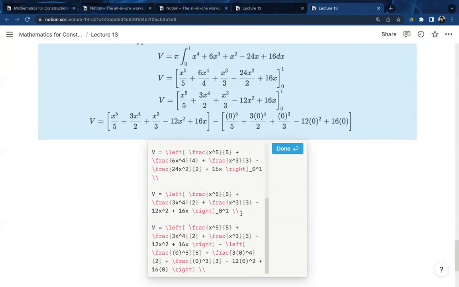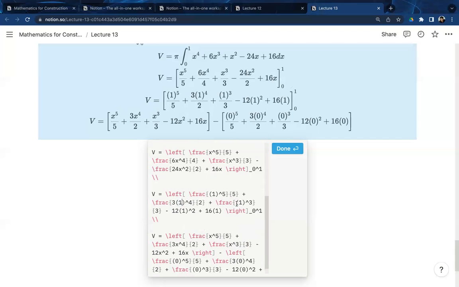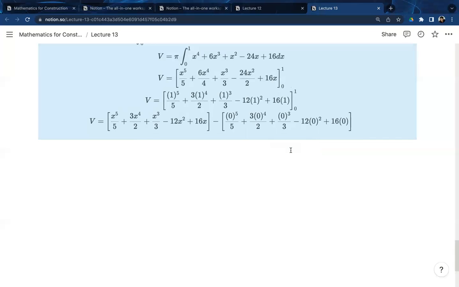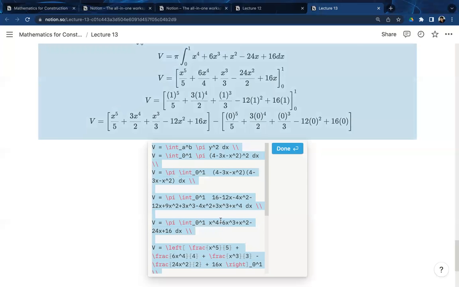Everything there is 0, basically, and everything here is 1. It's really just arithmetic at this point, adding fractions.